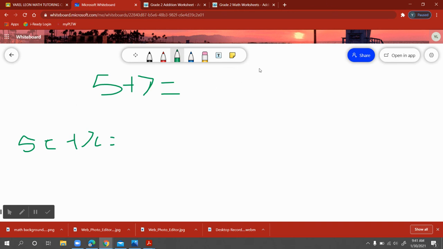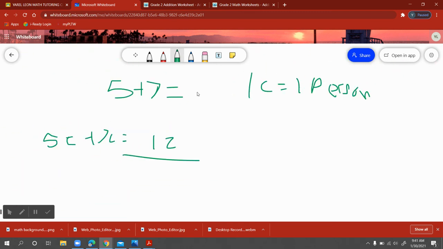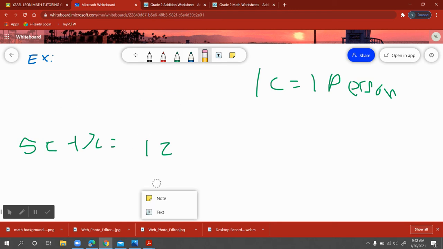One car can hold one person. So since it's one person, let's add 5 cars plus 7 cars equals. If you said 12, you are very correct. And remember, this is just an example. Don't put 7 cars, please. So 12. Good job, guys.